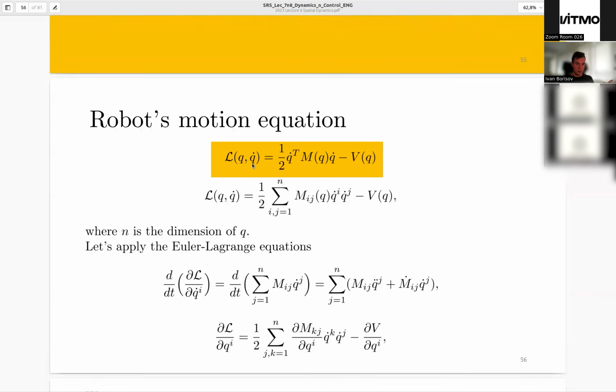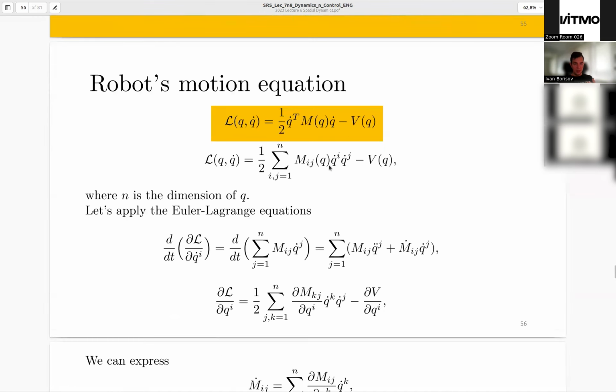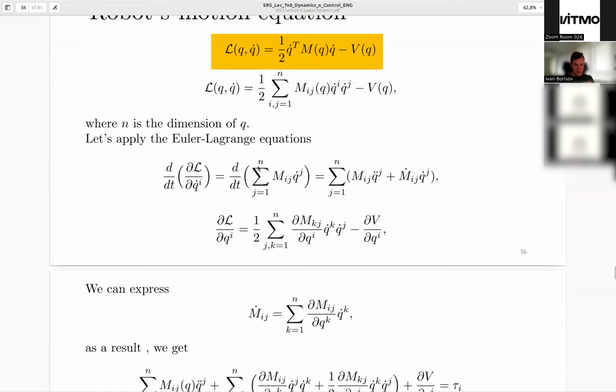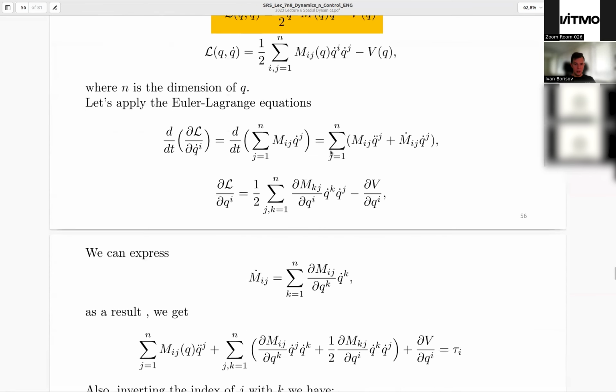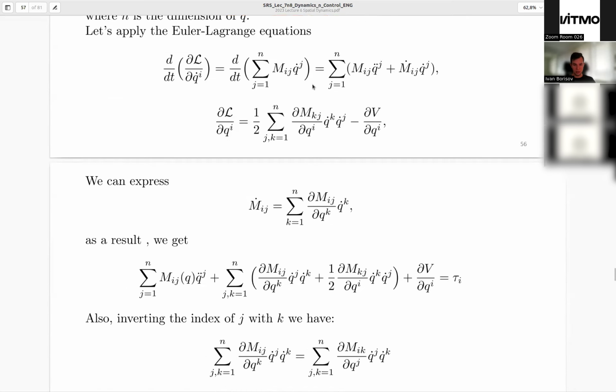So the Lagrangian is just the same as we already know, kinetic energy minus potential energy. Here, something that maybe will be better for you if you read in the book, because we don't have any time here to consider this information. But it's very well written in the Kevin Lynch book and in the Murray book. I encourage you to take a look there.